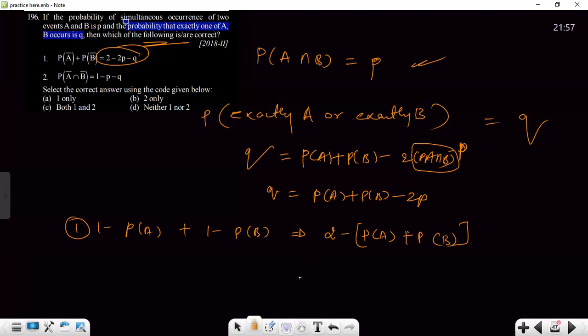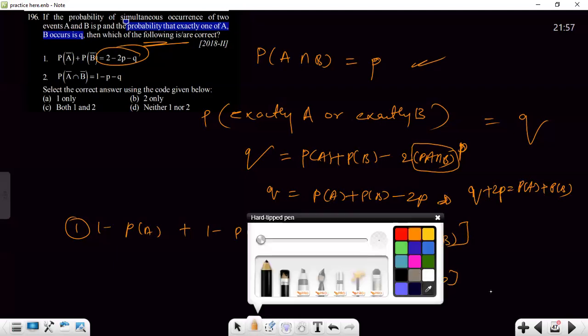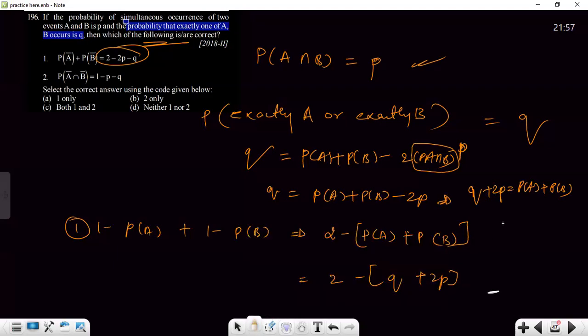So probability of A plus probability of B becomes Q plus 2P. Is that clear? From here we can write 2 minus Q minus 2P. That is precisely the first statement.